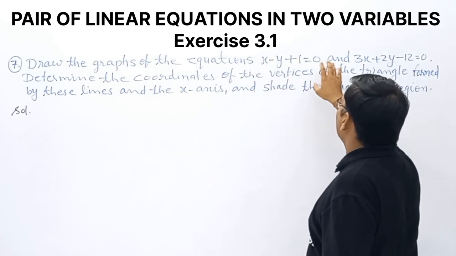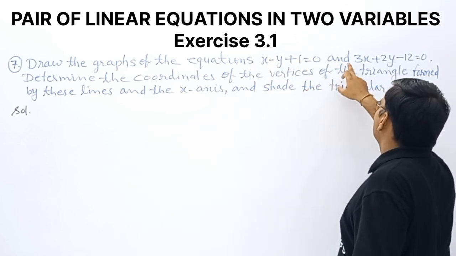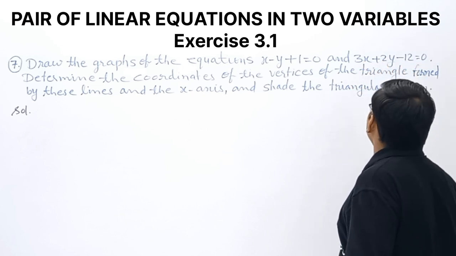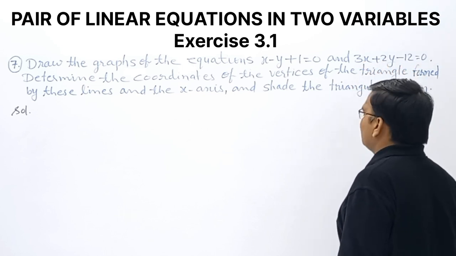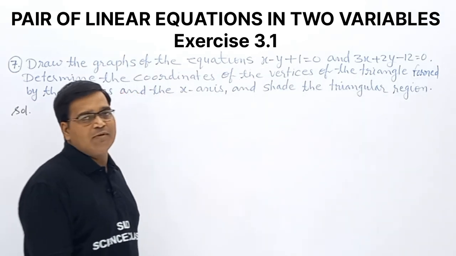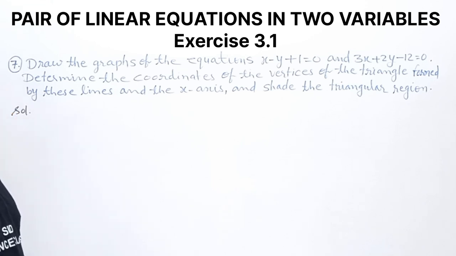Two equations we are having: x minus y plus 1 equal to 0 and 3x plus 2y minus 12 equal to 0. So we are having two linear equations in two variables, and we want the graph of these equations.